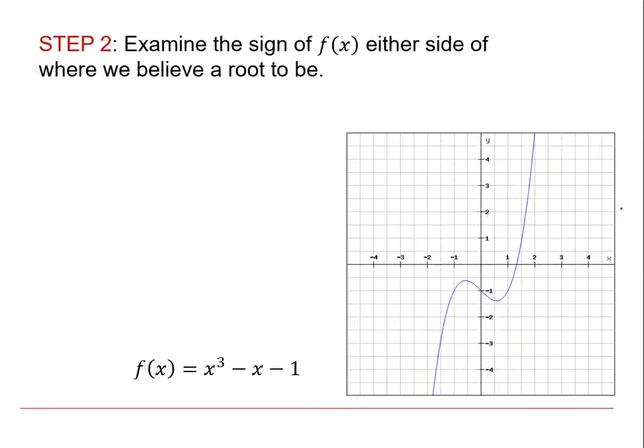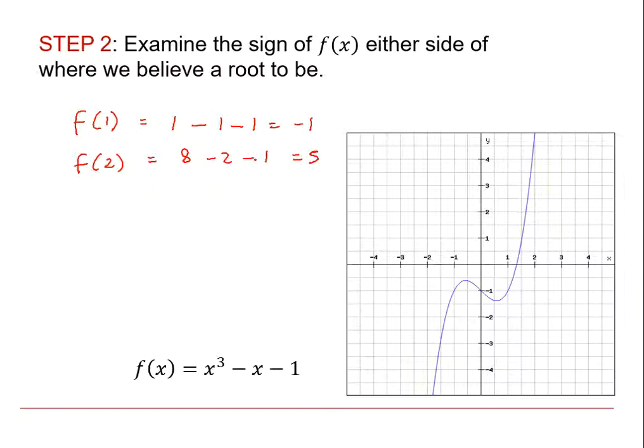So the next step is to consider the value of the function at either end of the interval. So when x equals 1, we can see that the function has a value minus 1, and at the other end of the interval, when x equals 2, we can see that the function has a value 5.